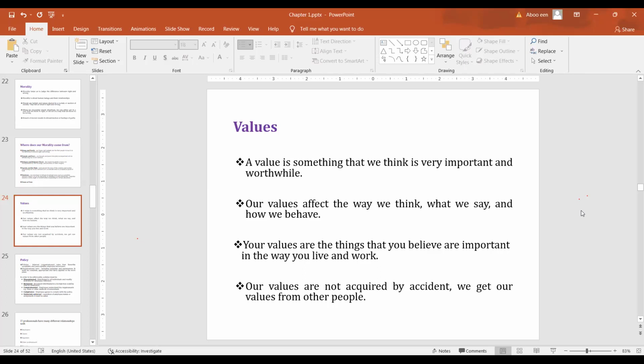Set of ideas for plan. Policies are set of guidelines or principles that are used for decision making. Okay, great. Policies are set of guidelines and principles.